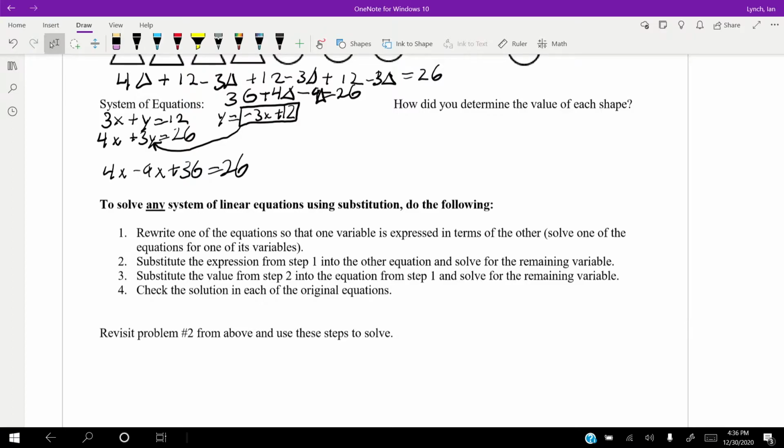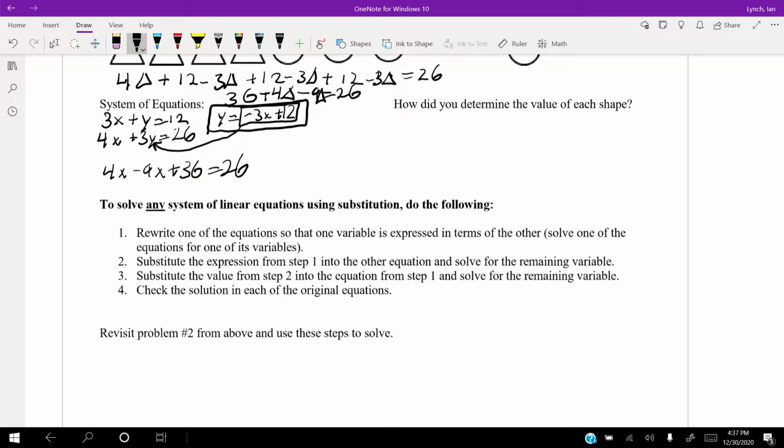Now, these are honestly some kind of confusing steps. So bear with me and we'll explain it a little bit easier, okay? Rewrite one of the equations so that one variable is expressed in terms of the other. We're going to solve for one variable, guys. We're going to say one of those variables is equal to something. Then we're going to substitute that.